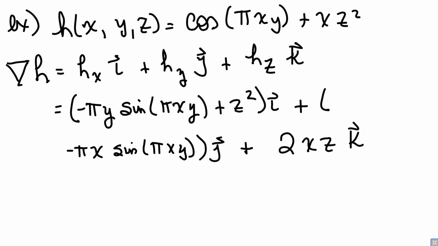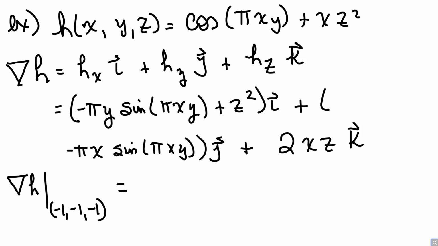Now that we found the gradient, we're going to evaluate the gradient at the given point. The given point in this problem was -1, -1, -1.